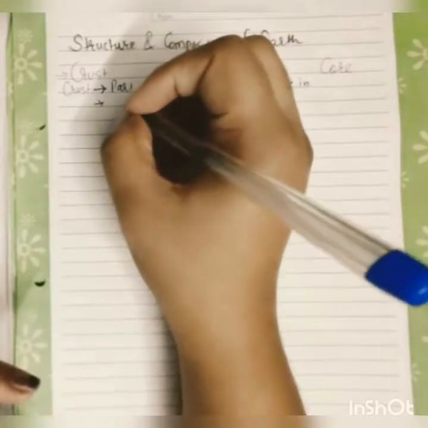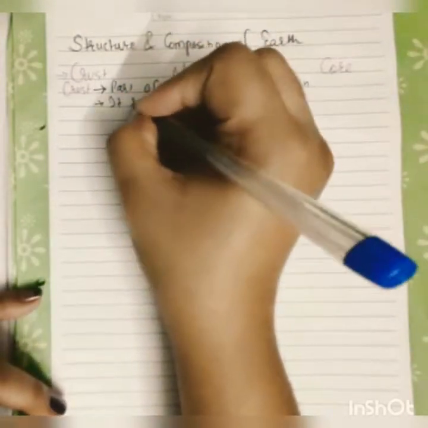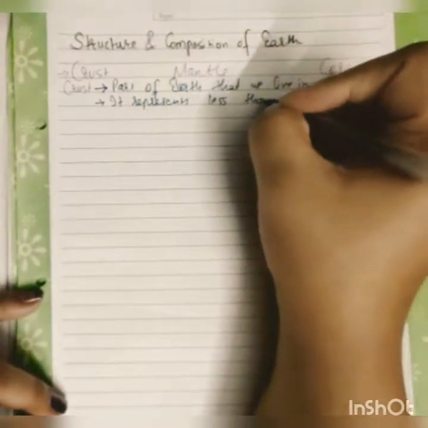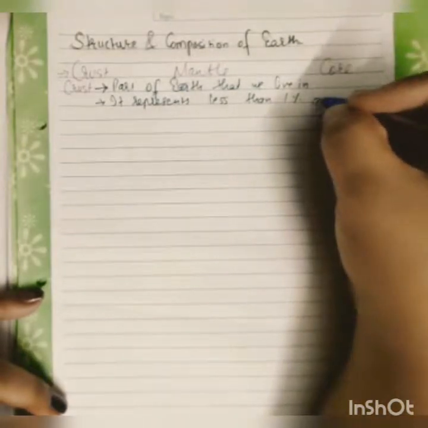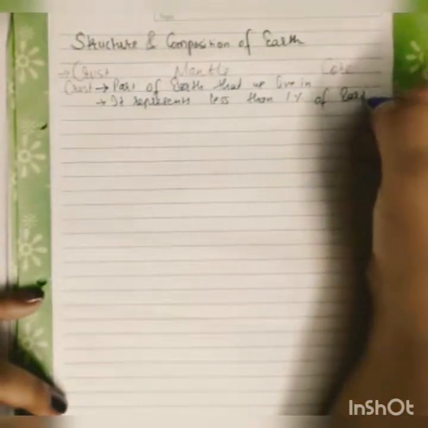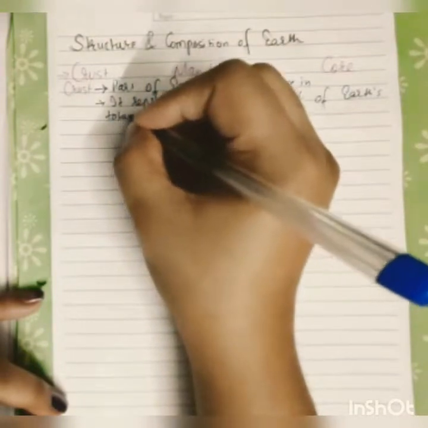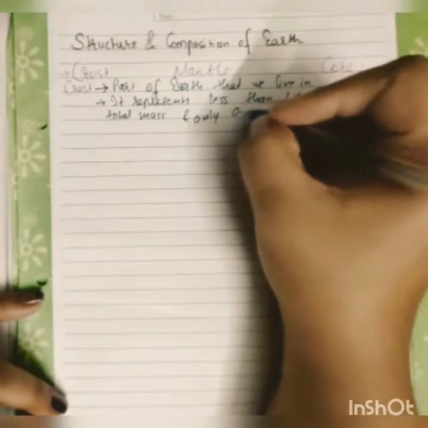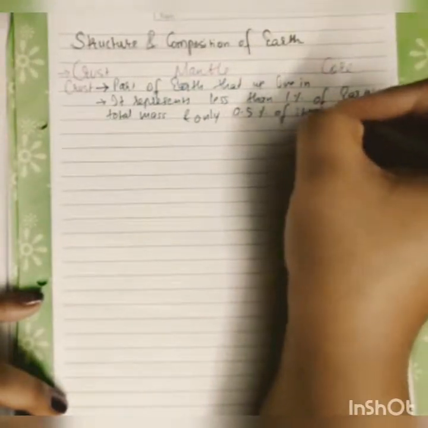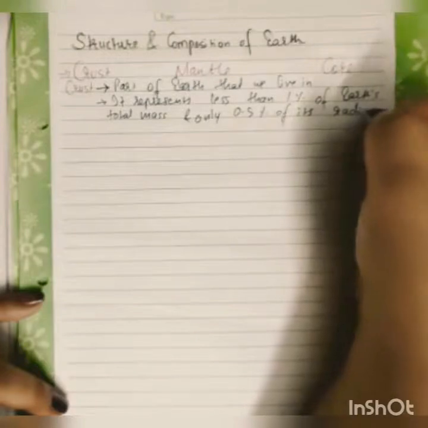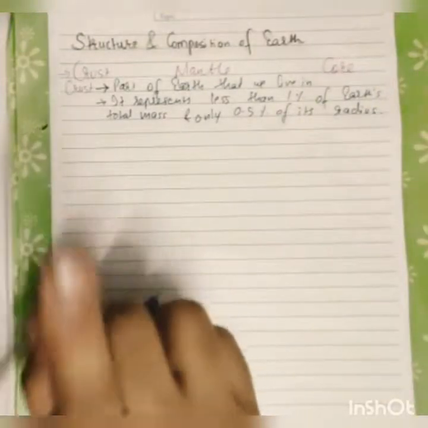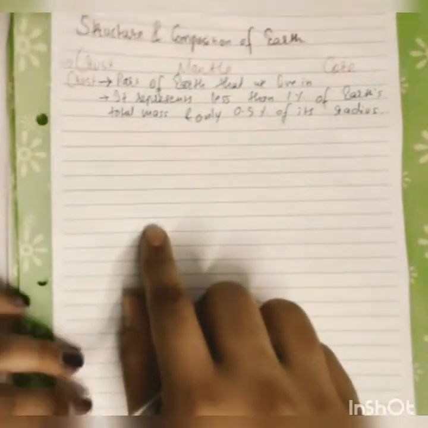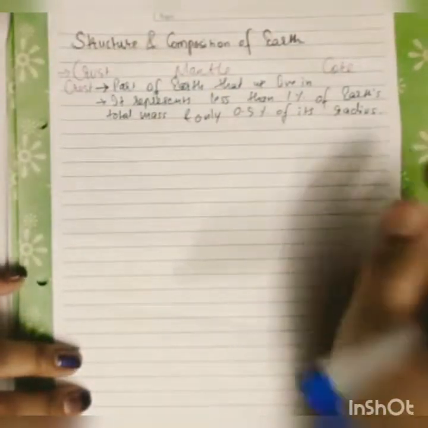Another important thing is that it represents less than 1% of Earth's total mass and only 0.5% of its radius. So, crust is the part of Earth that we live on. It represents less than 1% of Earth's total mass and 0.5% of its radius.